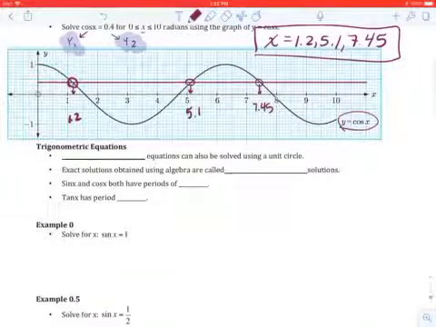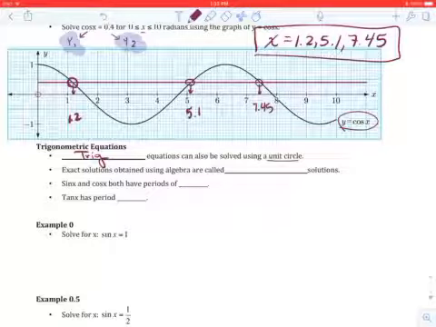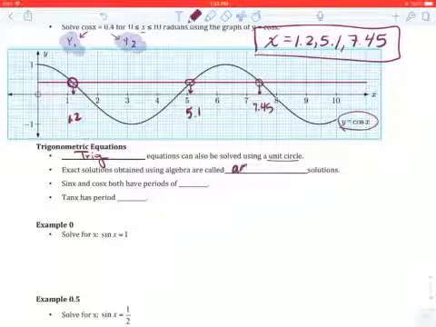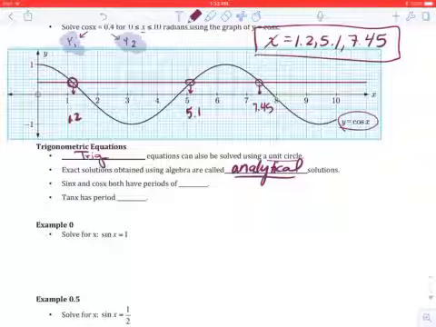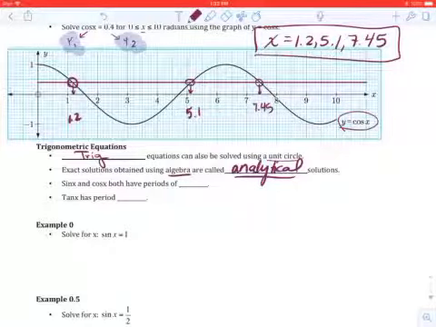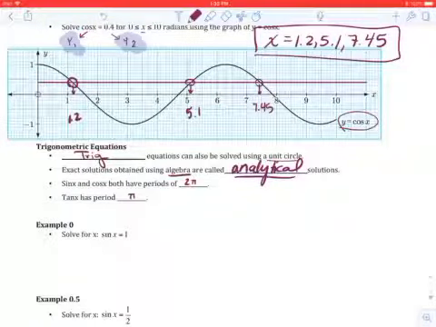But we also know that my trig equations can be solved using my unit circle. If I have special values, I can solve algebraically or analytically. If you're asked to solve analytical solutions or algebraic solutions, we're going to be looking at my unit circle. Now remember, sine and cosine, of course, have periods of 2 pi, and tangent has a period of pi.